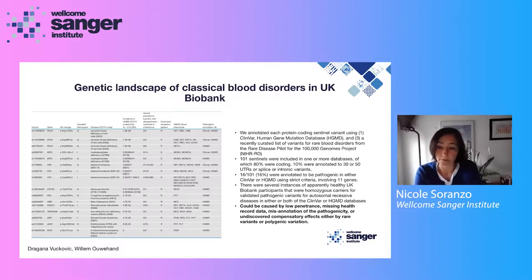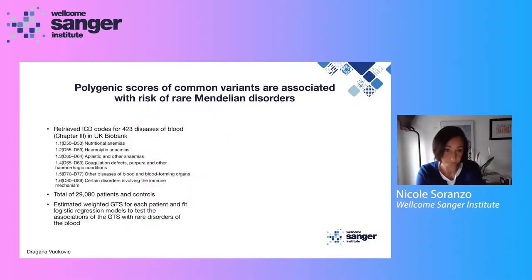So while obviously this analysis needs to be repeated in the presence of a complete genome sequence, we here sought to explore whether polygenic variation might be a contributor, in addition to these variants, to modifying the disease phenotype.